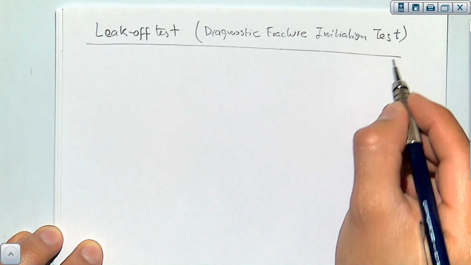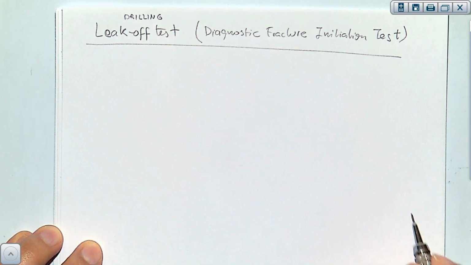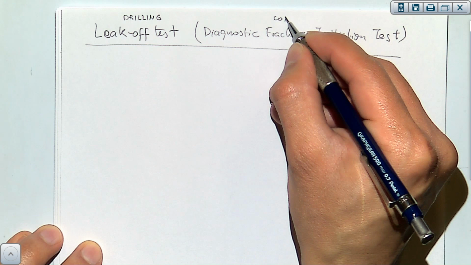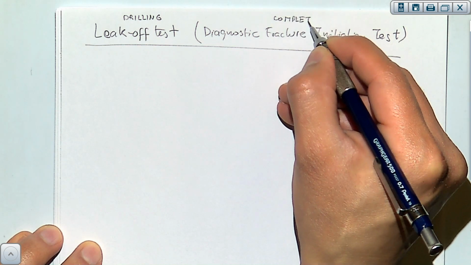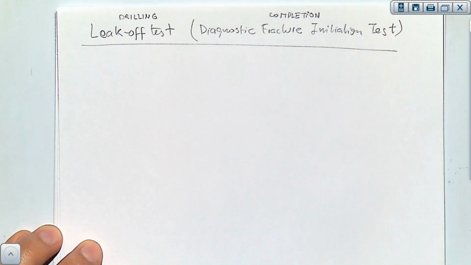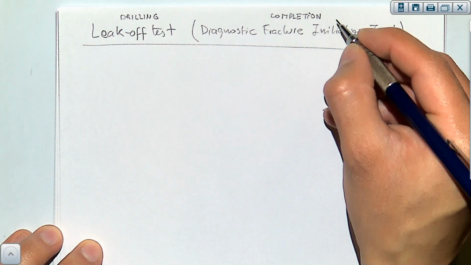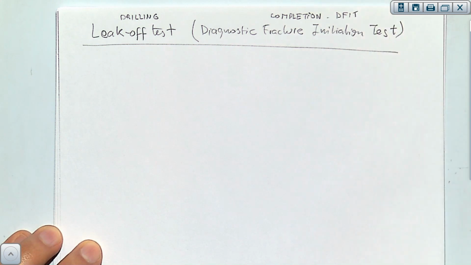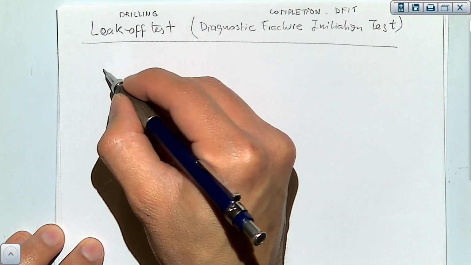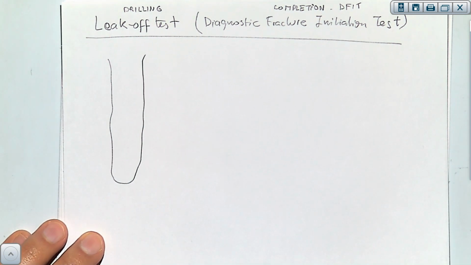Basically, this one is done for drilling applications. This one is done for hydraulic fracturing and for completion. But the mechanics is very similar. But let's talk about the leak-off test, and then we'll extend that to the diagnostic fracture initiation test or the DFIT test. All right, so in this test, we basically pressurize a cavity, the rock, with a fluid.